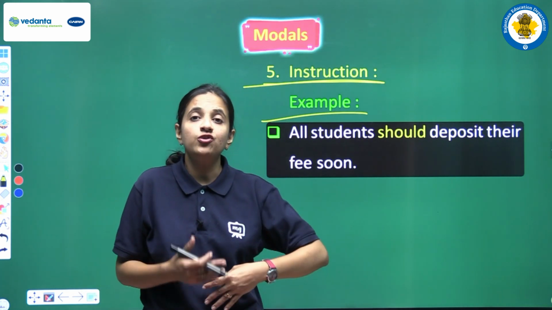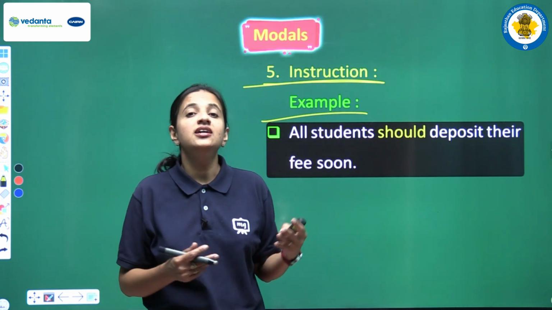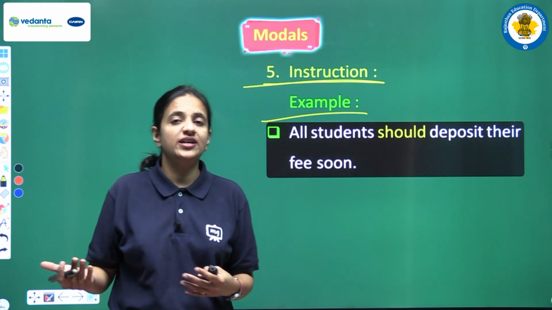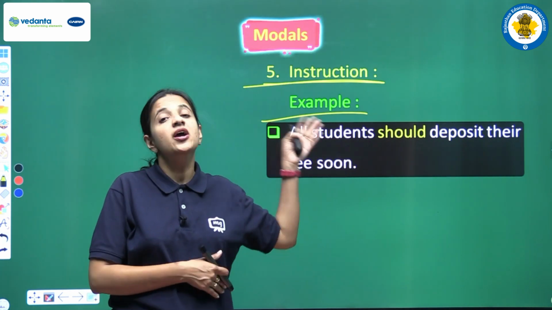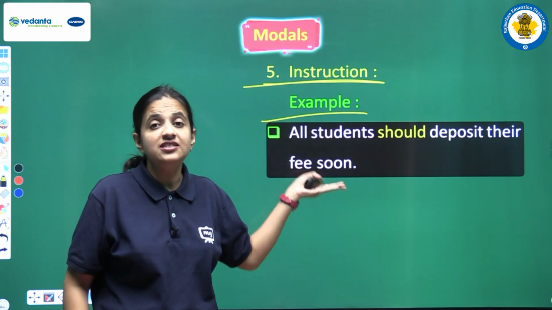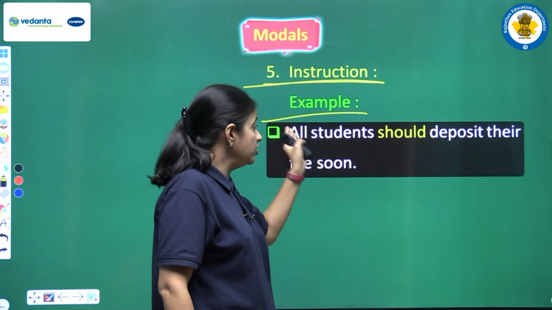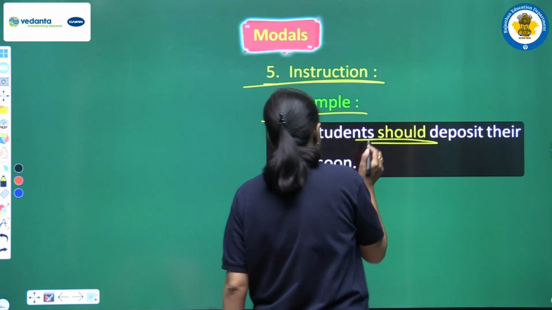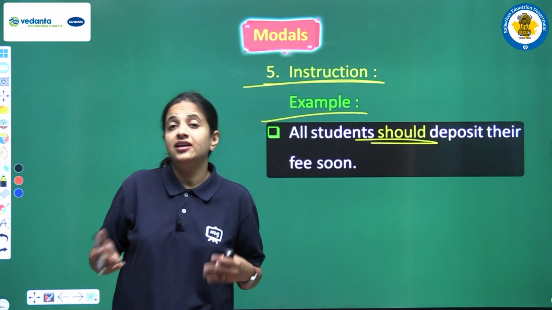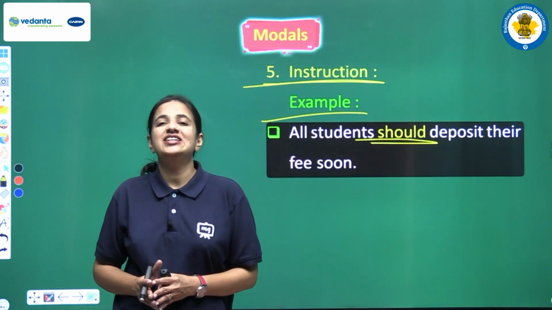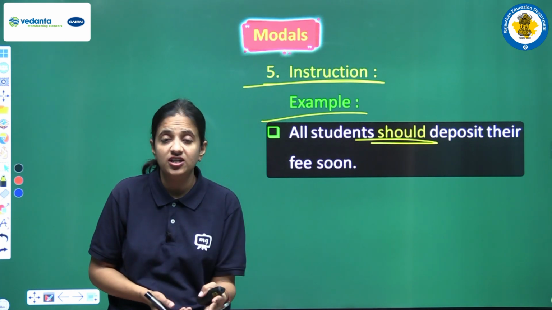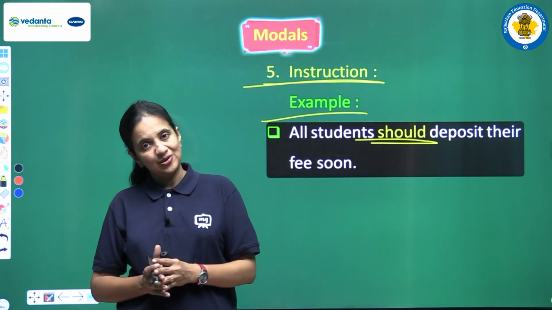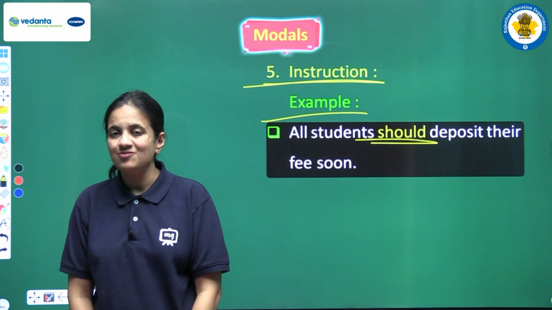So this is a kind of instruction given by some authority, like a principal or teachers who are responsible for this job, and they are saying that all students should deposit their fees soon. So again, this is another use of should, where it is used to give instructions to anyone. Okay, so this is all about this modal should.